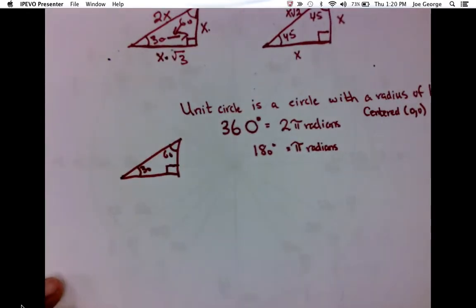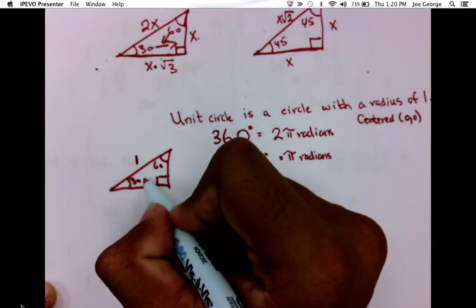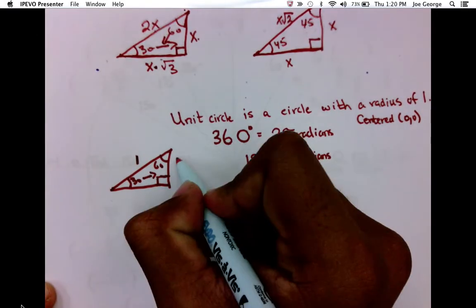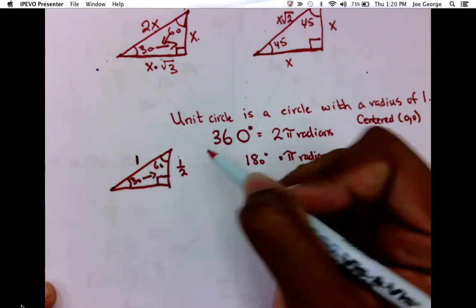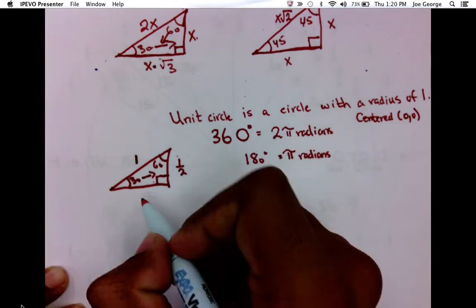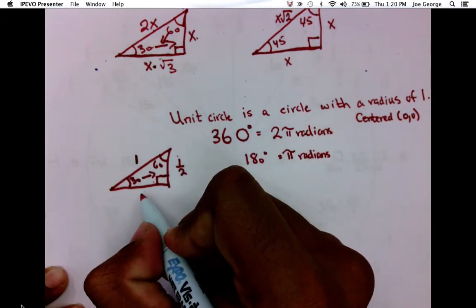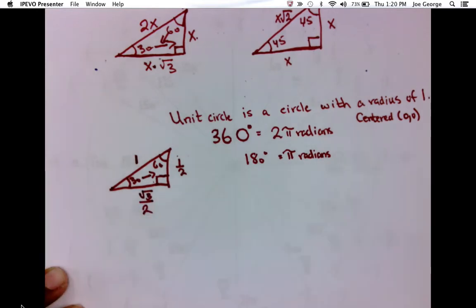If my radius is 1, the side opposite 30 degrees is going to be exactly half of that, so that's 1/2. In order to get the side opposite 60 degrees, I multiply that times radical 3. 1/2 times radical 3 is simply radical 3 over 2.